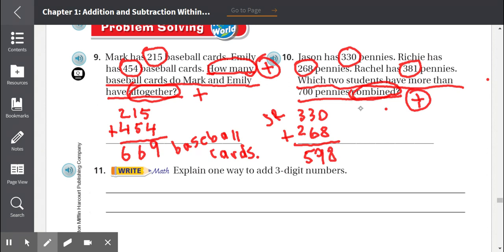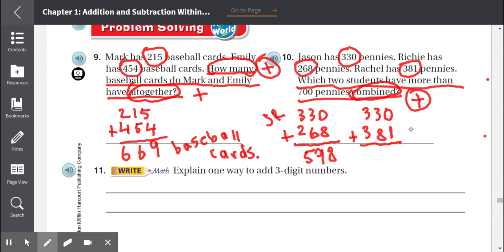So let's try Jason and Rachel. So Jason had 330 and Rachel has 381.